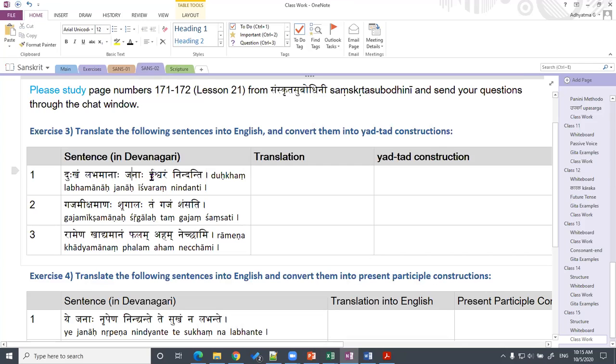It's a karta, plural verb form and plural nominal form. Lavamana is the participle adjective for jana, so that is also plural. Lavamanaha janaha. What lavamana? Lavamana means getting or gaining. Dukkham lavamana, the one who are getting the sorrow.